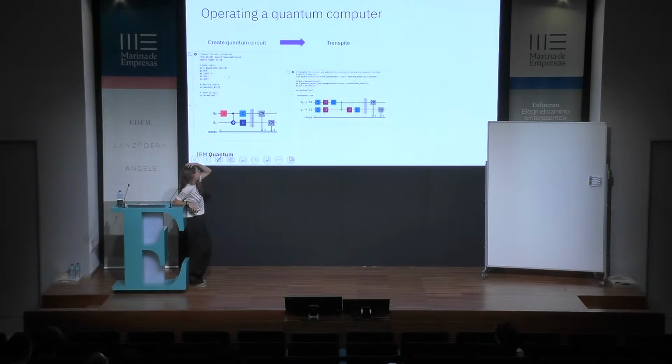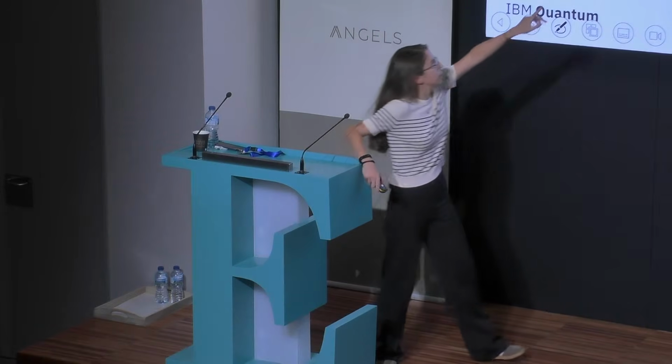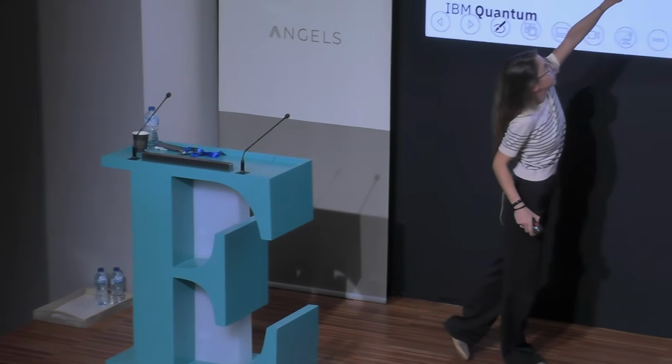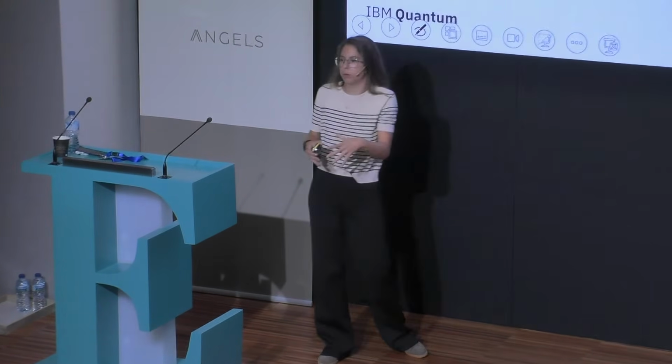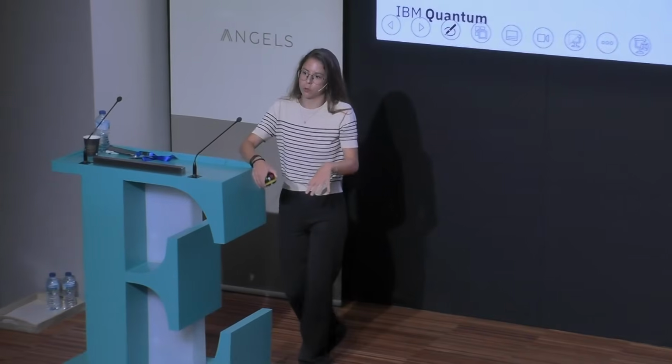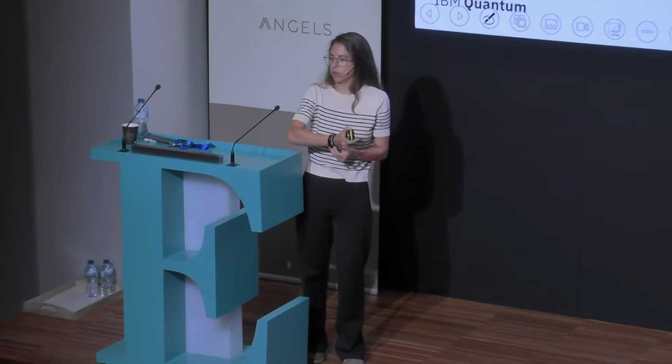There's another step, the transpiler, that transforms this circuit into another series of gates, such as, in this case, a controlled-Z gate instead, that is readily runnable on your chosen quantum processor. In this step, where it says target equals backend, the backend is the chip you want to run it on. So you first choose one, and then the system transpiles your circuit.